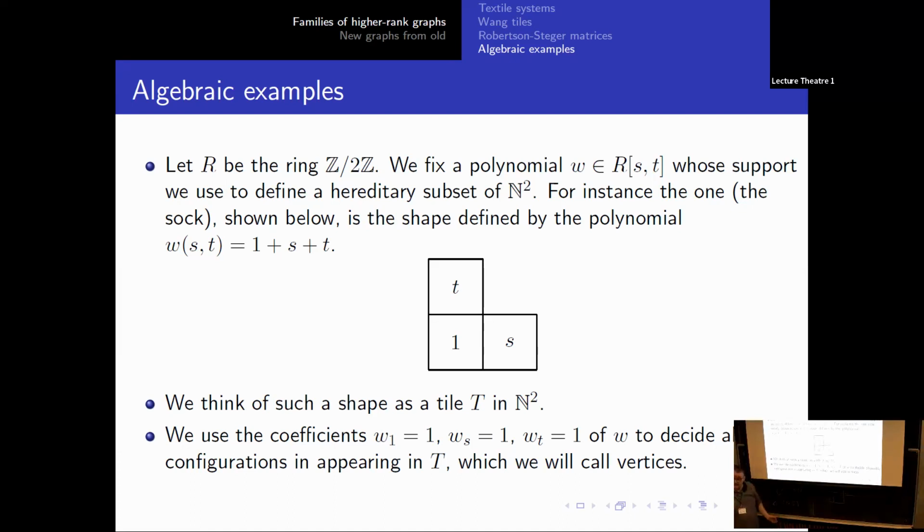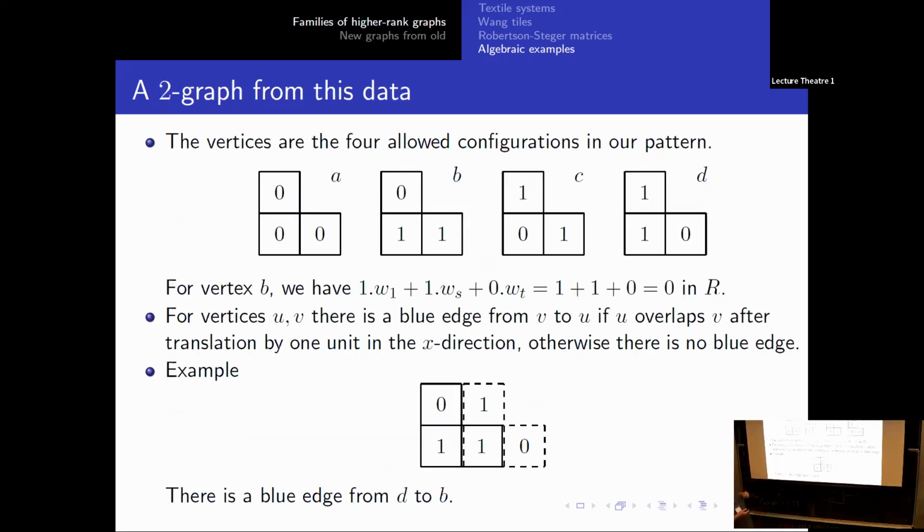This is what the construction is all about. So just making a note that all these coefficients are 1. 1 has coefficient 1, T has coefficient 1, and S has coefficient 1. And what we're going to do is we're going to call that sock shape with these weights in the squares a vertex. And so how many ways can you fill in such a square with a certain property?